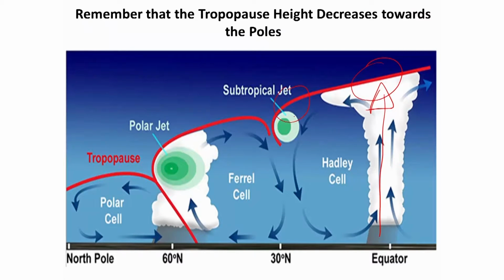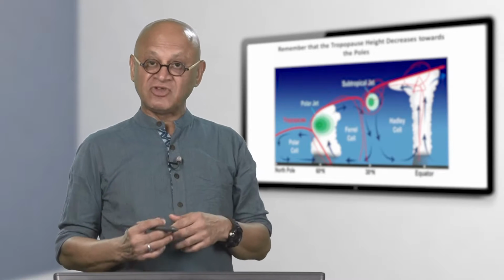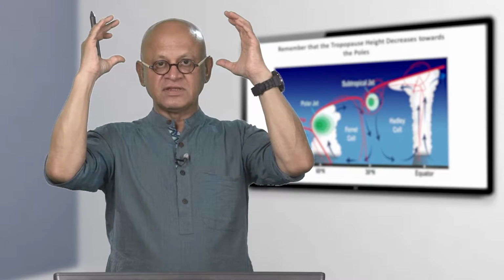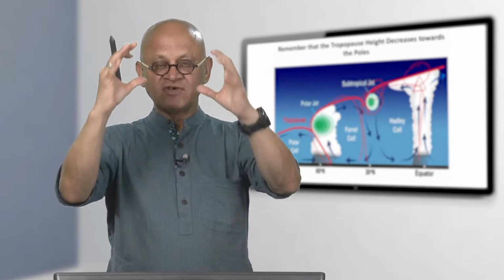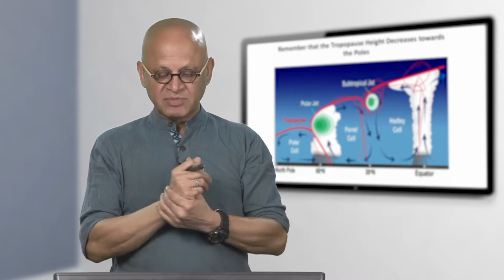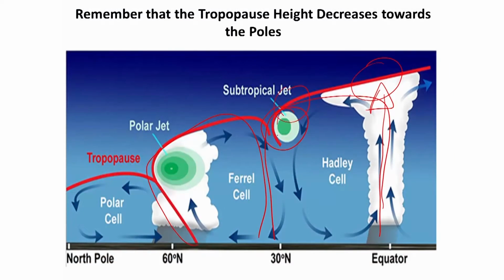So, because of various dynamic reasons, where the Hadley cell meets the so called Ferrel cell, you get a jet stream. I think you know what a jet stream is. It is a very fast concentrated river of air that is moving at 30, 40, 60 miles per hour, and there is one in the subtropics, there is one much more powerful one in the polar latitudes called the polar jet.